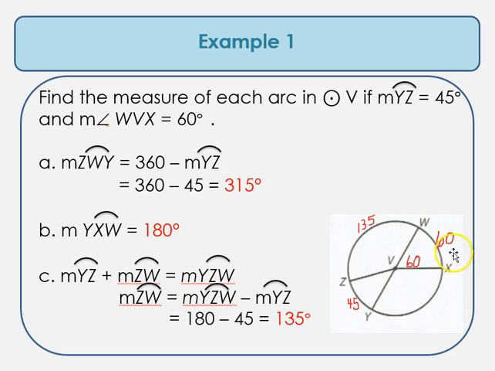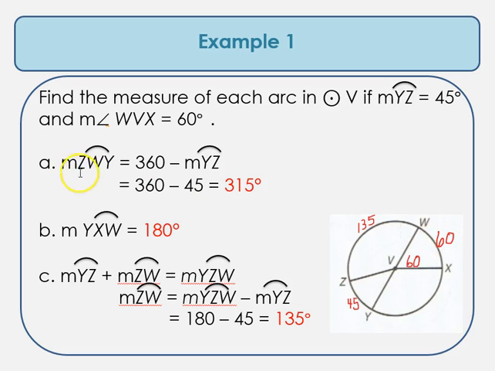The first thing I did for this drawing was I drew in the given of 45 degrees, and then I added 60 for arc WX, and that's because the measure of the central angle is always the same as the measure of its subtended arc. So if WX is 60, the central angle will be 60. If the central angle WVX is 60, the arc it subtends will be 60.